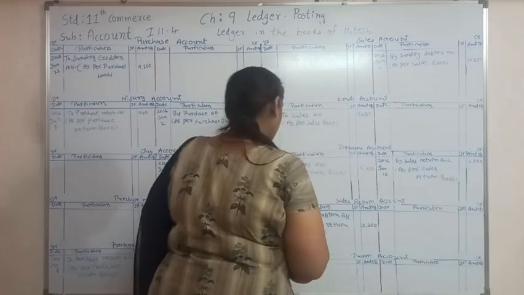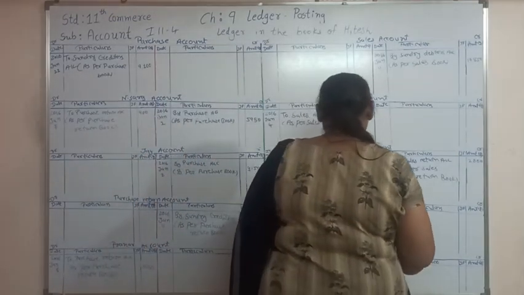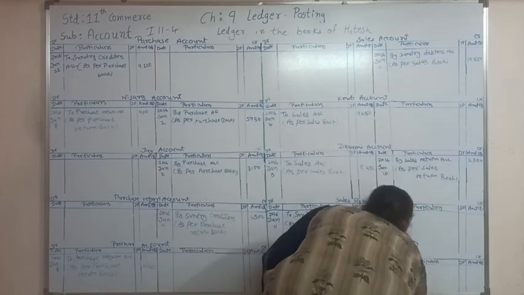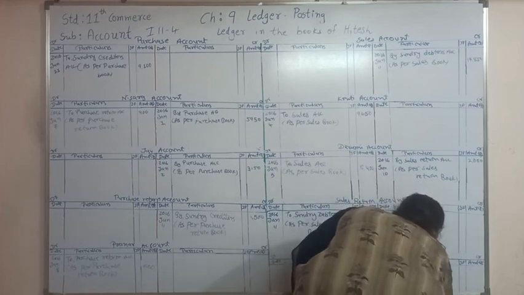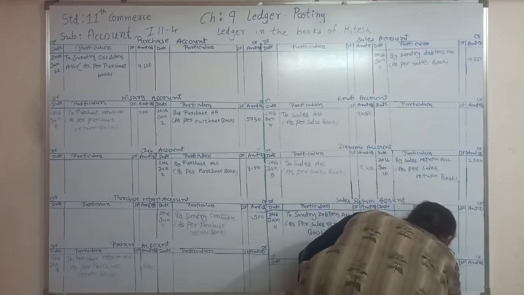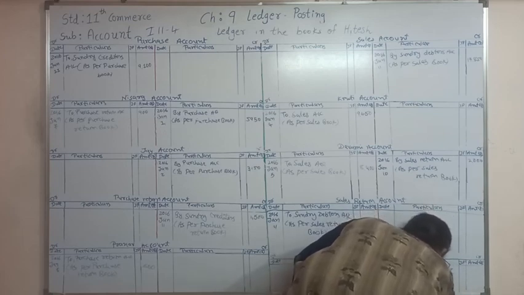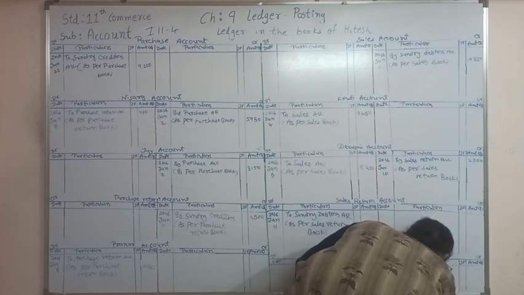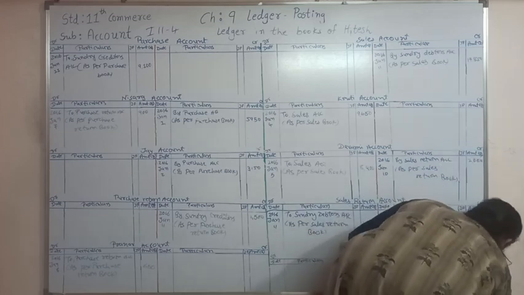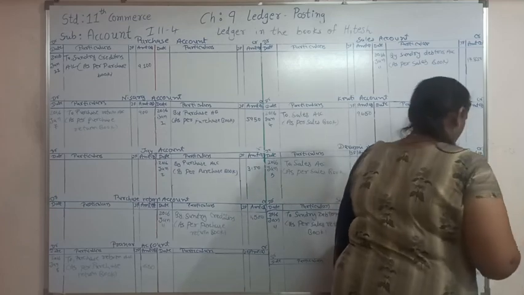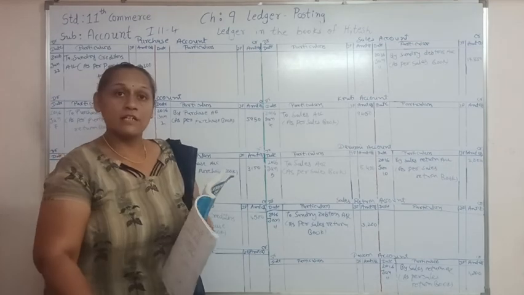And then we are going to write on the credit side of Pawan account, 2016 January 11 by sales return account, as per sales return book, and the amount will be 1,200. So this is how we are supposed to make the posting from the subsidiary book.